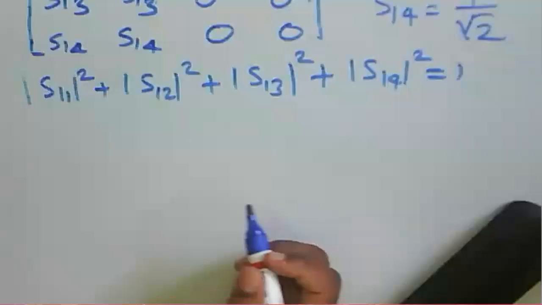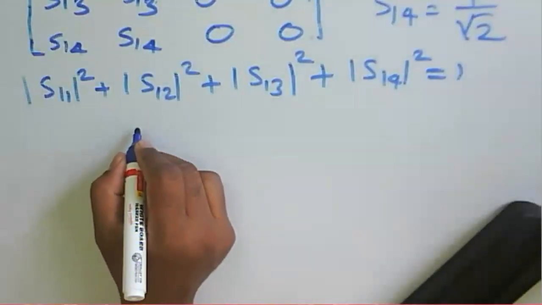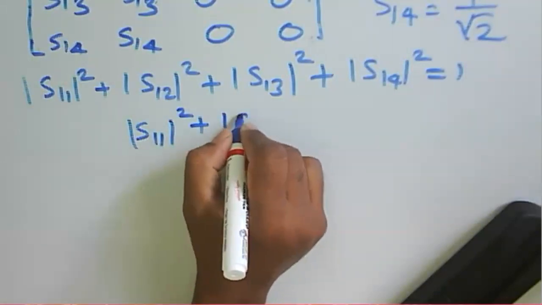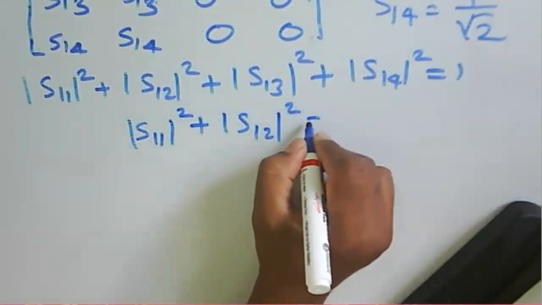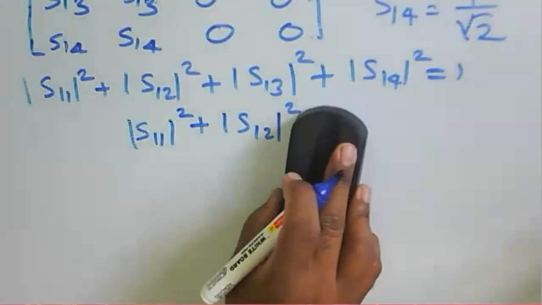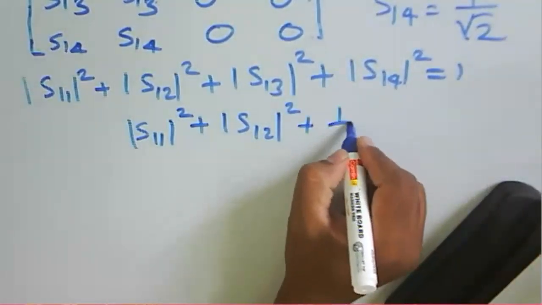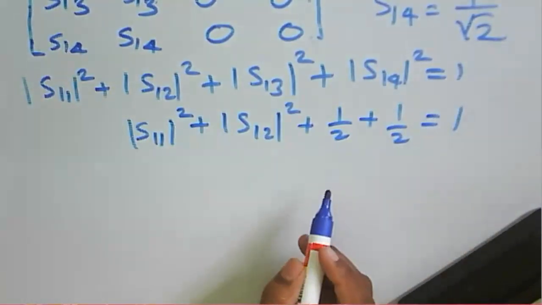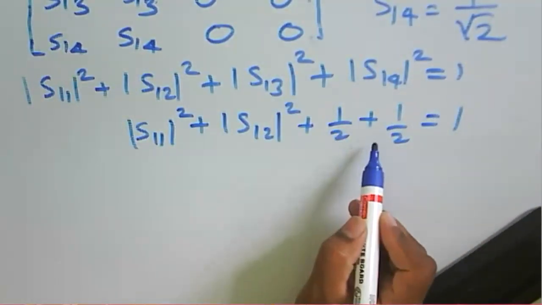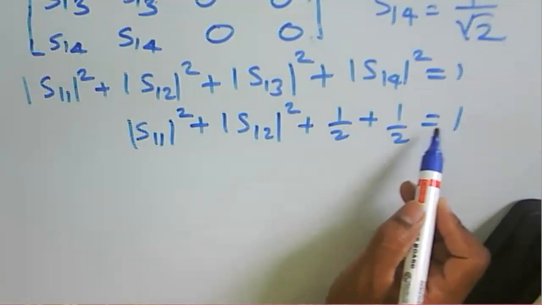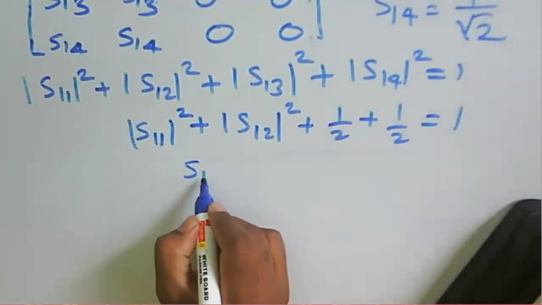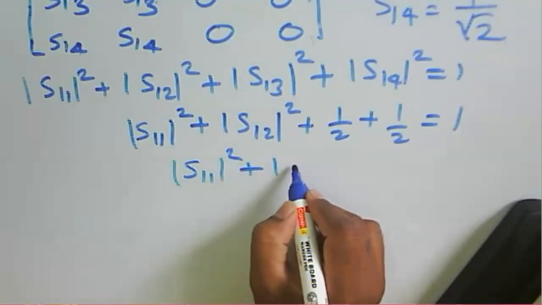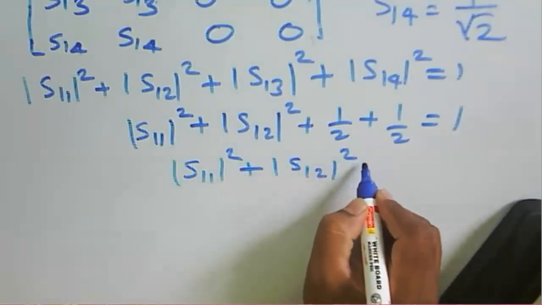So if you put all the values here, we'll get S11 square plus S12 square plus 1 by 2 plus 1 by 2 is equal to 1. Now from this, 1 by 2 plus 1 by 2 is 1, then 1 goes to the other side. We'll get that S11 square plus S12 square.